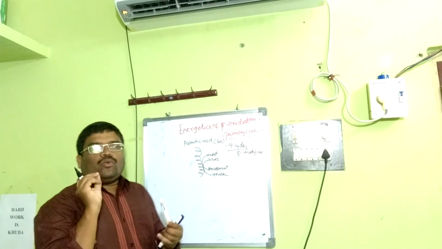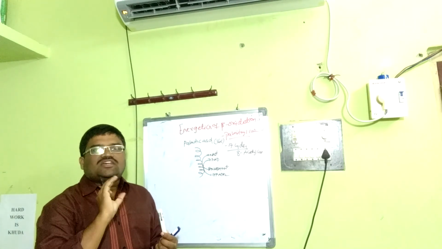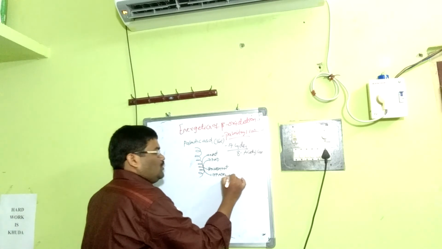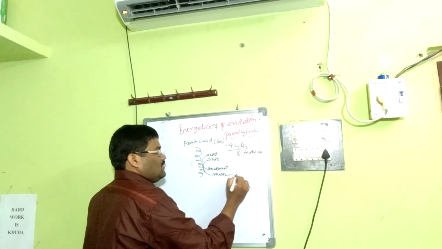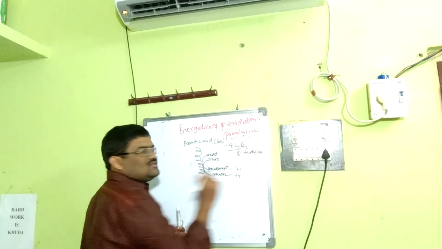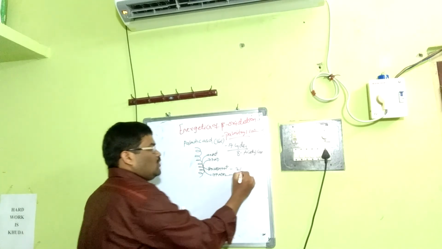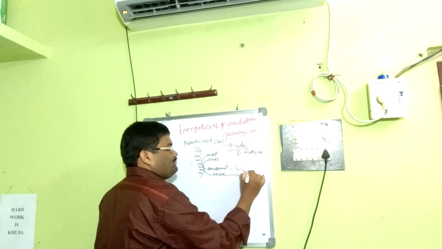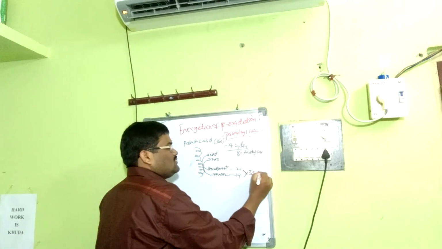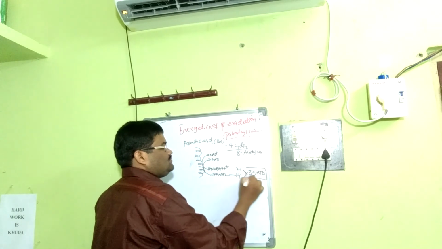I told you already, 1 FADH2 will lead to 2 ATPs. So 7 into 2, 14. 14 plus 21, because each NADH leads to 3 ATPs. So ultimately 35 ATPs will be forming here.